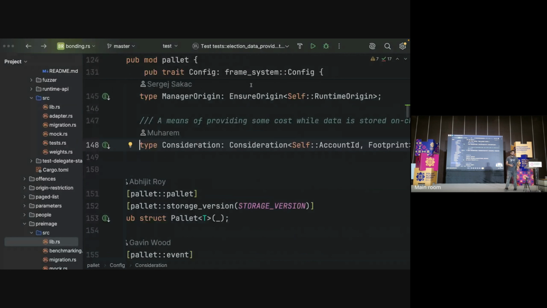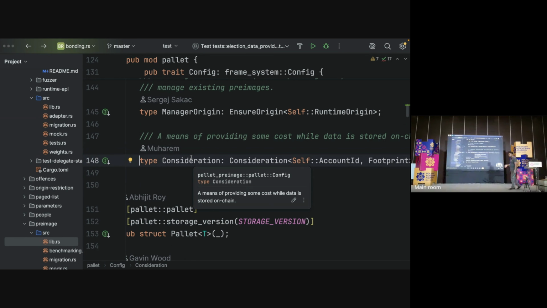Okay, let me go through this again. I told you about hold and freeze before, right? Now you can go even above that abstraction. You don't even need to care about hold or frozen. On your palette level, this is your palette, you are saying that this palette requires some consideration for some storage, like accounts will use some storage. And for that, we need to consider how much fees we should charge.